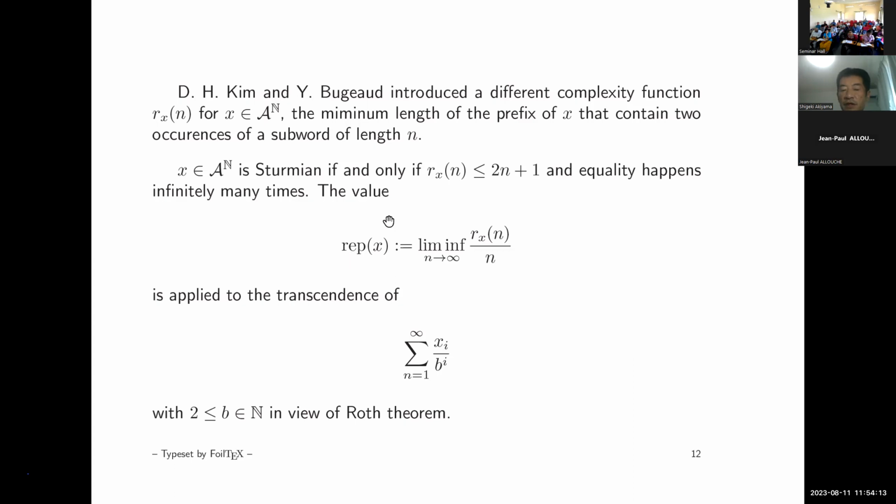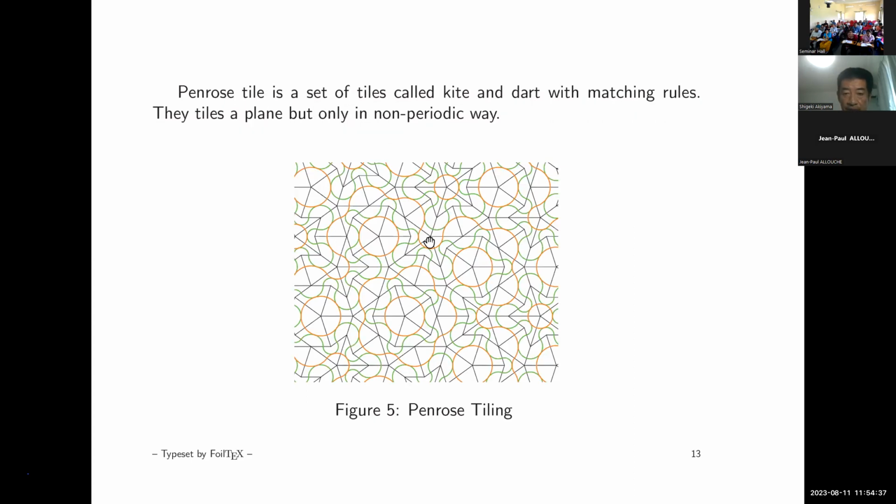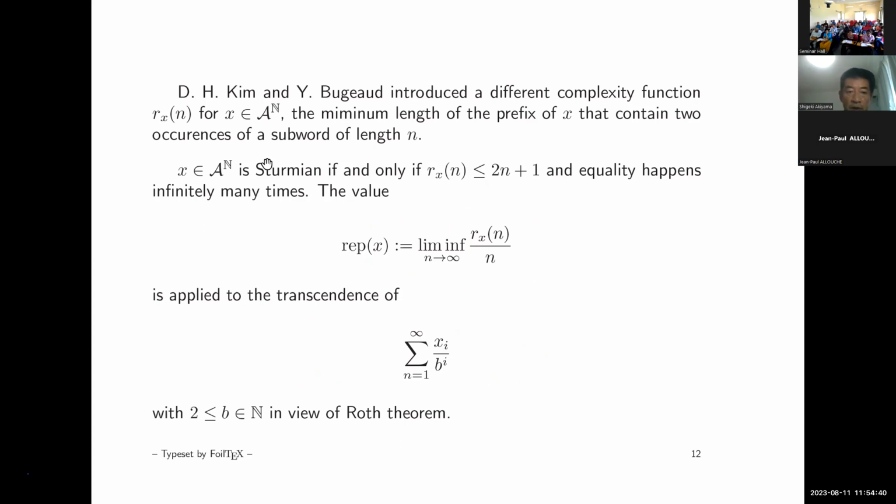If you know this number, then one can discuss it, and sometimes it is transcendental, and one can show this by using this number. This part is not related to the Sturmian number, but in the Sturmian case, this number is very well computed. So they discuss a lot of problems around this.